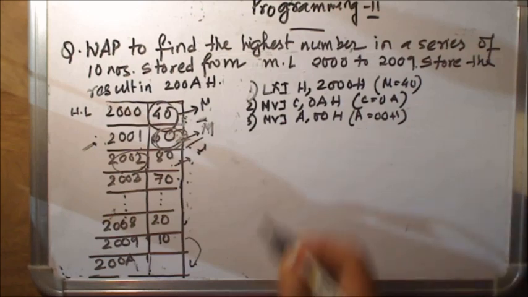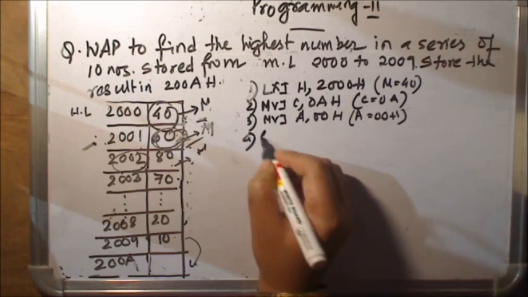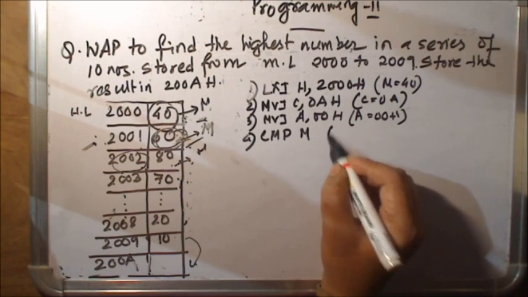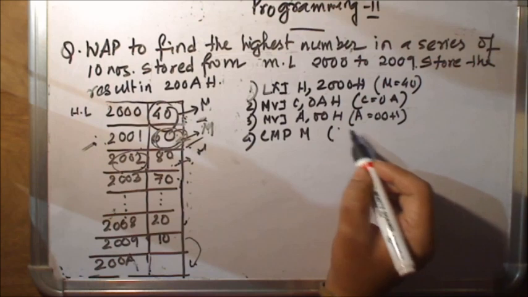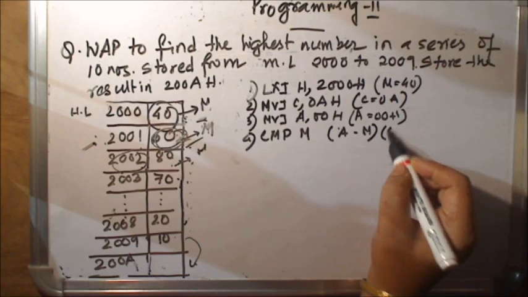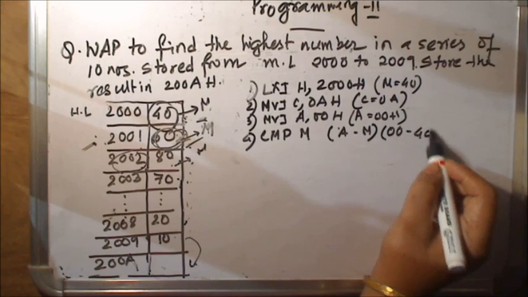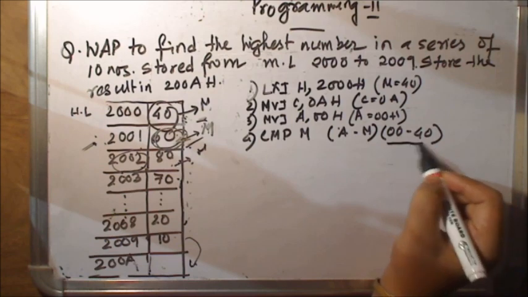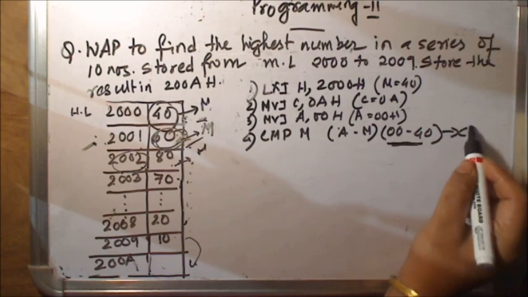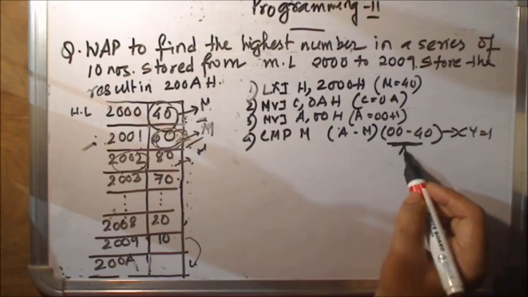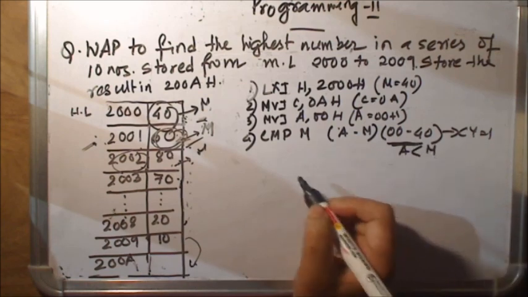Now we will start comparison: CMP M. M is 40, so A minus M, that is 00 minus 40. Of course in this subtraction the carry flag will be generated, so carry will be 1 because A is less than M, right?